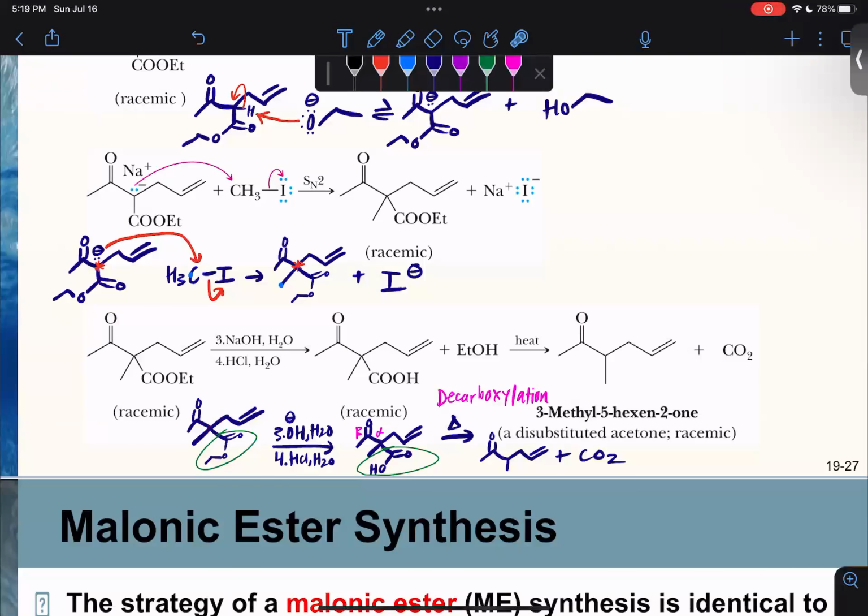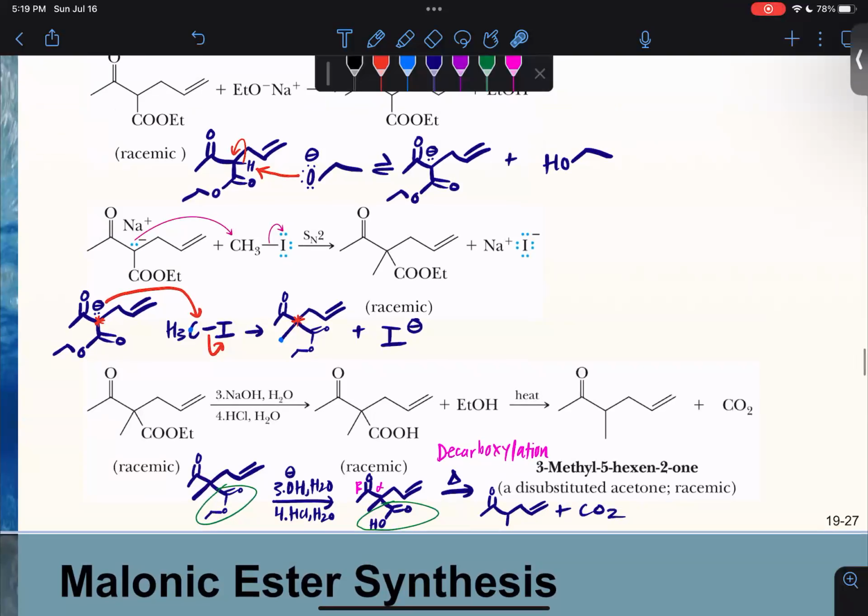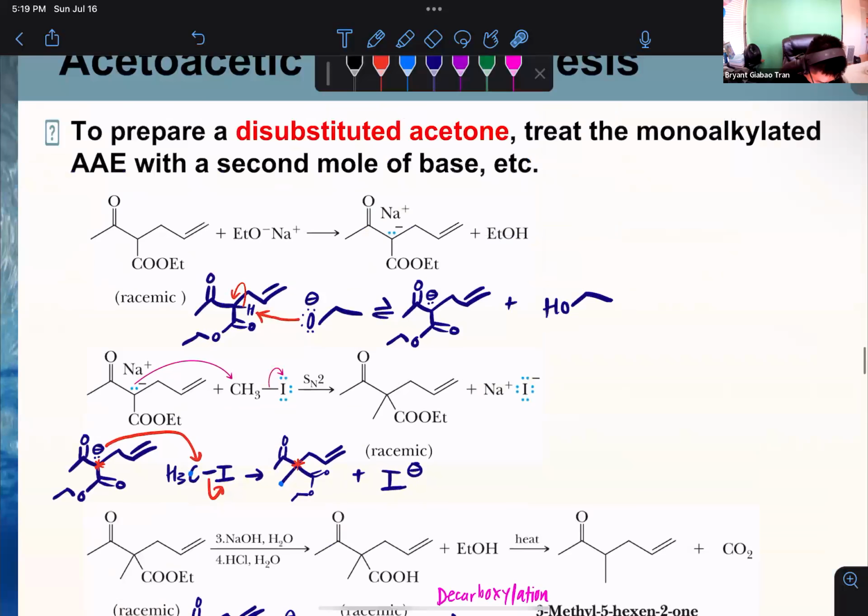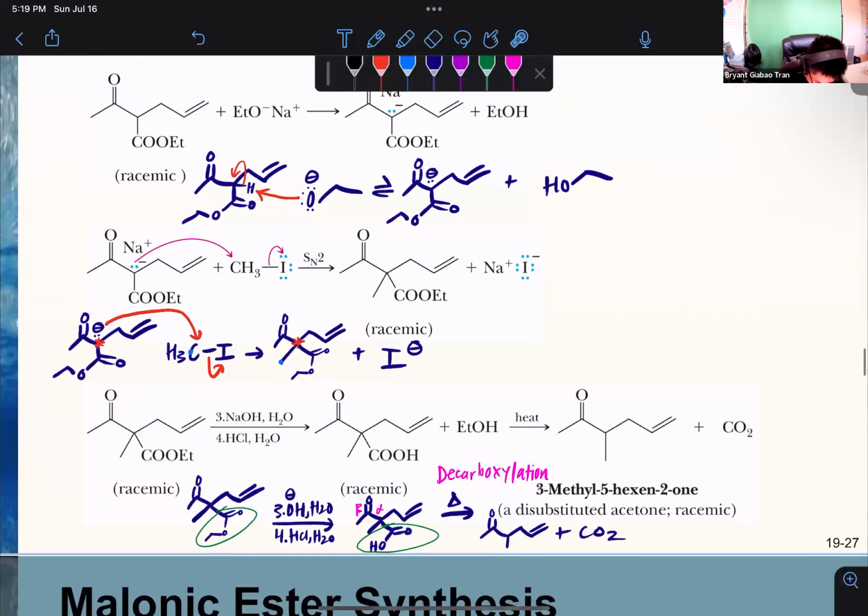What about if there's alpha hydrogens on the left side? That's something else. In this case, that would be the most acidic hydrogen because there's no other alpha hydrogen between these two carbonyls, but that won't be tri-substituted because that's a different carbon.